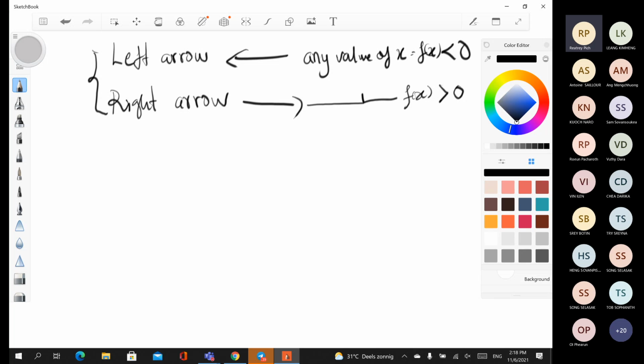And if you have any value of x that makes f(x) greater than 0, you use the right arrow.